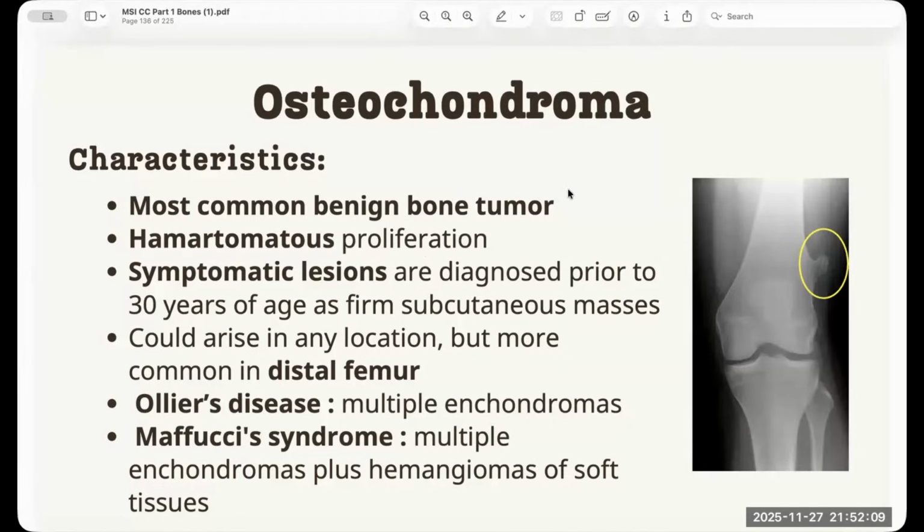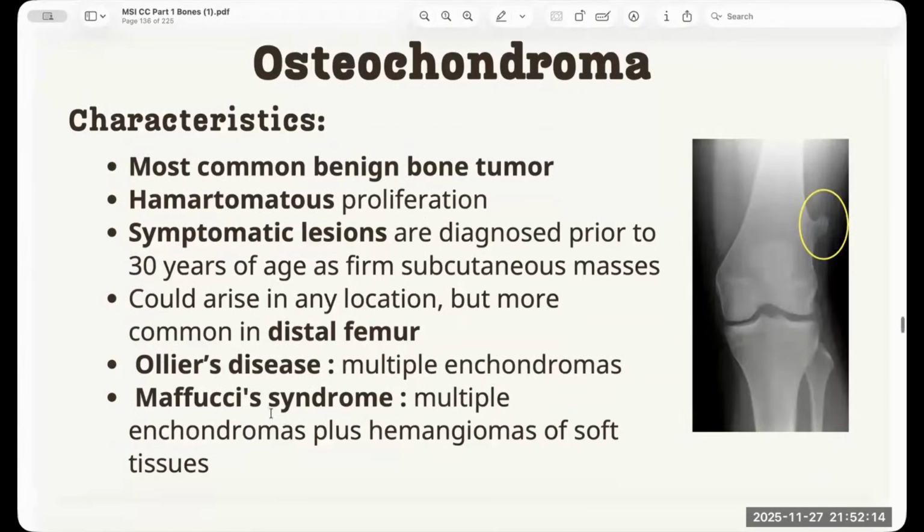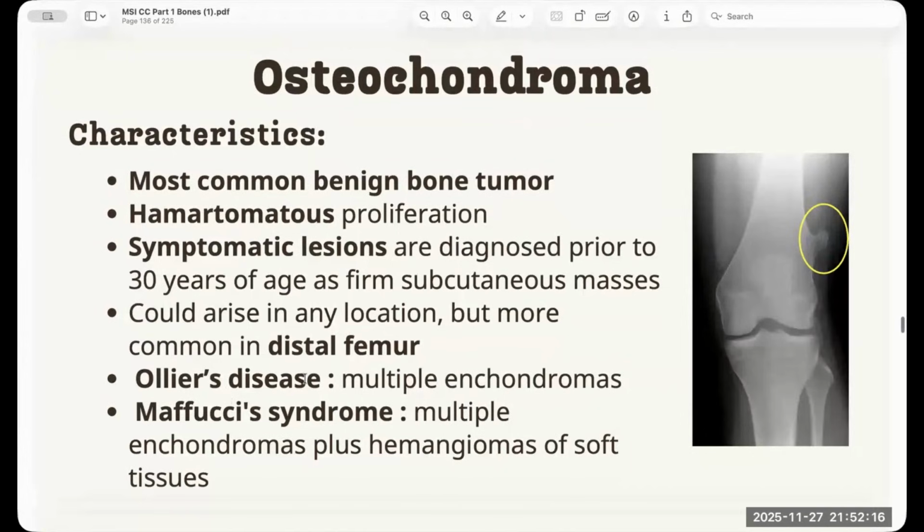They arise mainly in the distal femur, as shown in this picture, and it could be associated with two diseases. First of all, Ollier's disease, which only shows when there are multiple enchondromas, and Maffucci's syndrome, which is multiple enchondromas with hemangiomas of soft tissues.